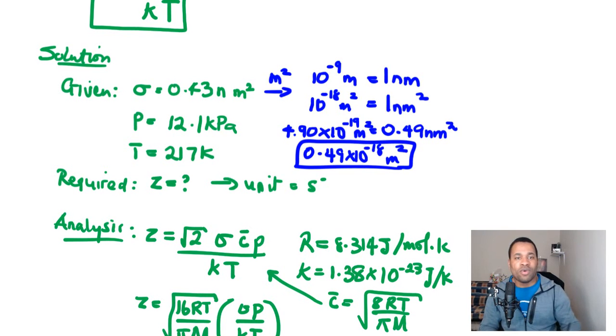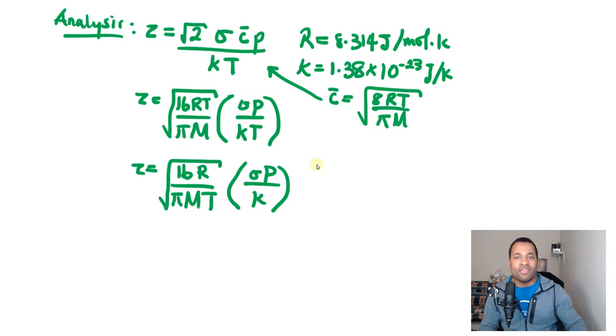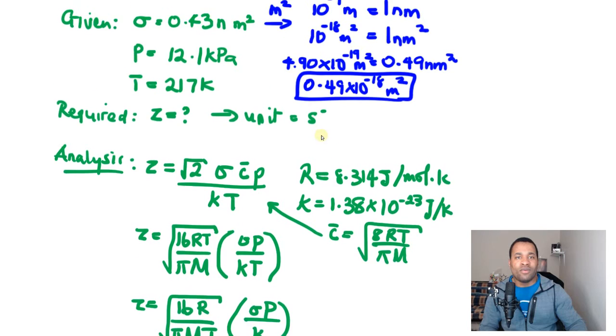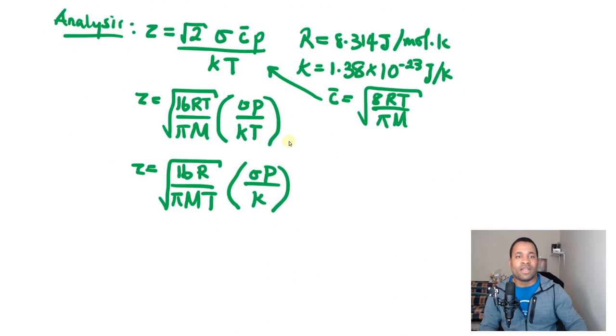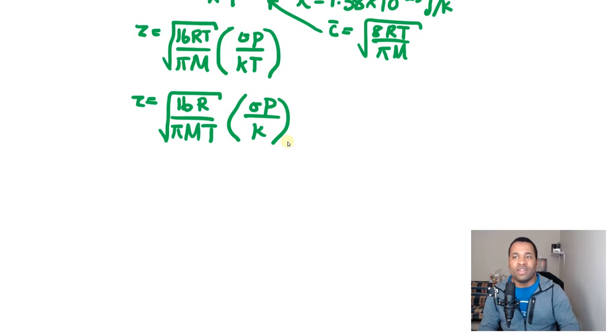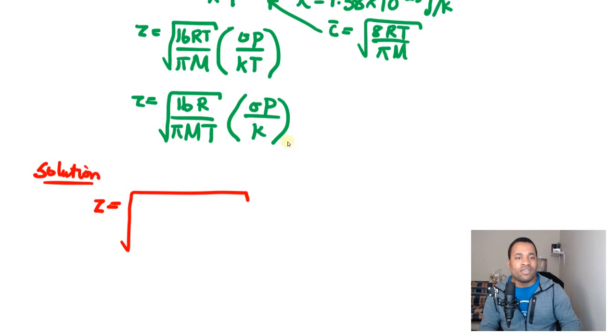So this is one number that we're going to use in terms of the cross-sectional area. And then our next one is how we are going to apply these givens in this particular question. So to solve, we're going to substitute our givens into our equation. Our z here is now equal to the square root of 16, multiplied by 8.314. Well, we're going to put the units down.